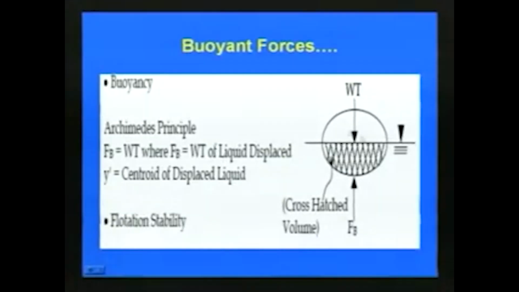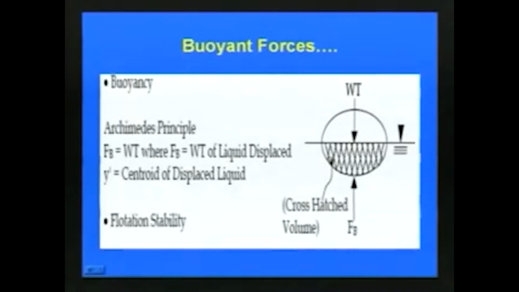With respect to this buoy, some liquid will be displaced, so we can calculate the weight of that liquid, which gives the buoyant force. Then we can determine the center of the displaced liquid, so that we can see where the force is acting.